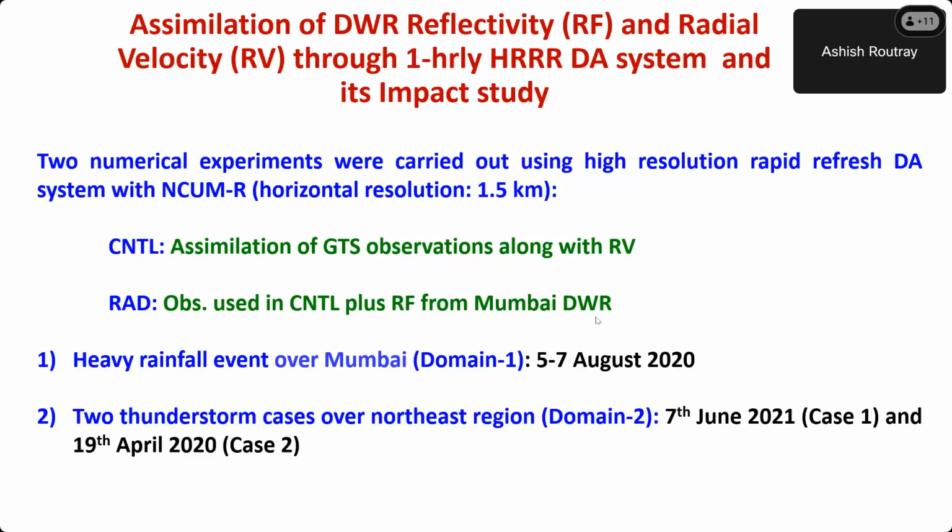One is domain 1, the heavy rainfall that happened over the Mumbai region on 5th August 2020. It was very devastating over Mumbai city. The other two are thunderstorm cases over the north region, a pre-monsoon thunderstorm and an active early monsoon time.